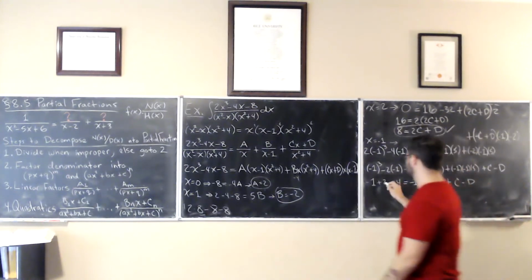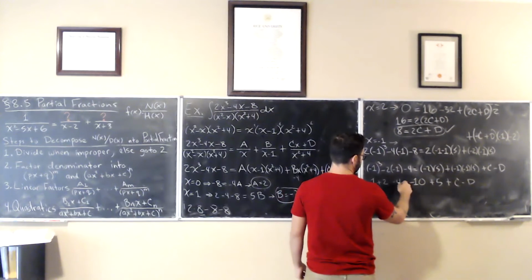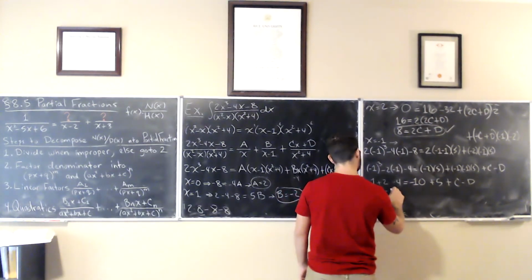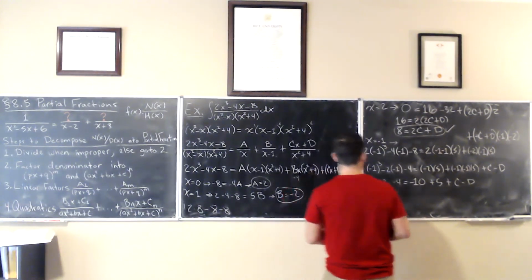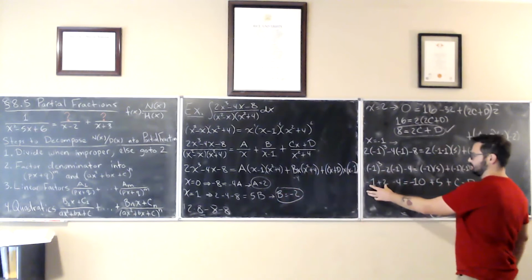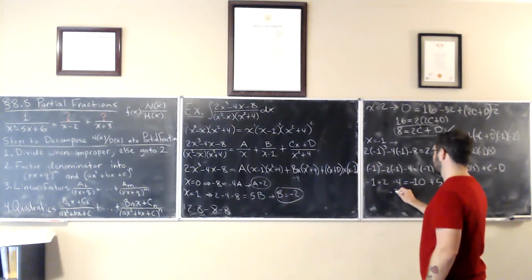So on the left-hand side, we have minus 1 and 2, minus 1 plus 2 is a positive 1. And the minus 4, this would be minus 3 on the left-hand side.